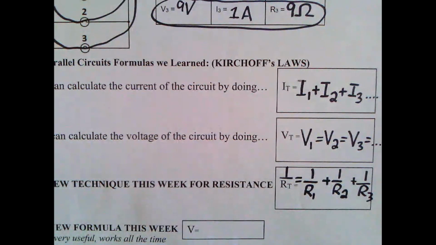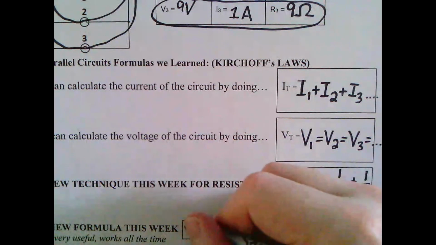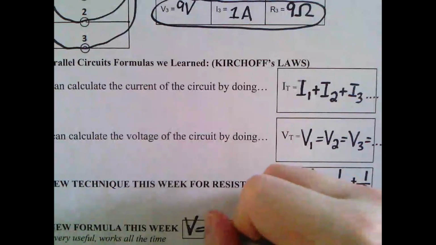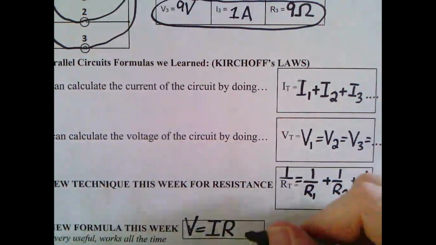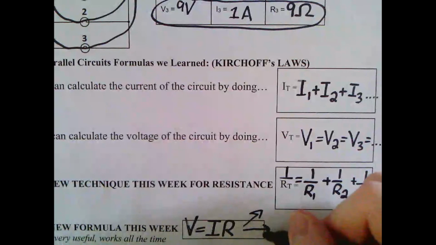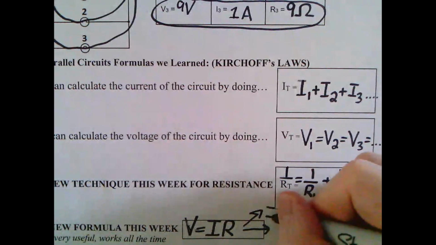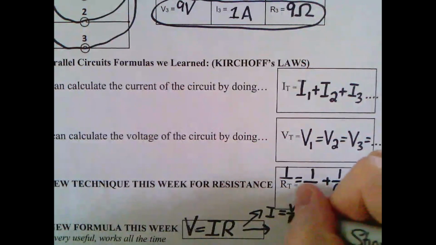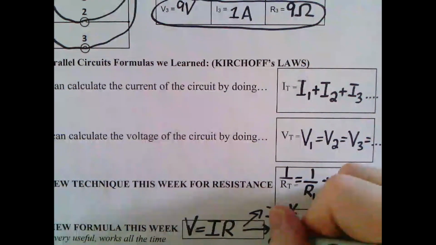It's hard to show you from where we are now, but this formula shows that the total resistance is going to be lower than the resistance of every single path. The main formula you'll find really useful this week is V equals IR, because you can change it into I equals V over R, or R equals V over I.